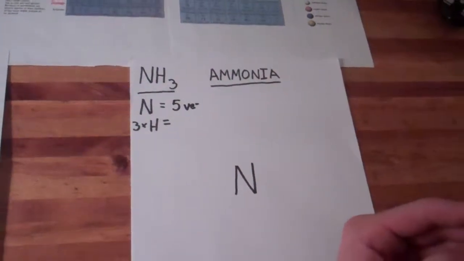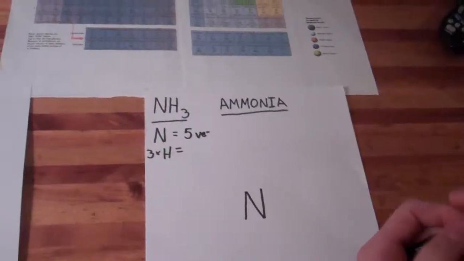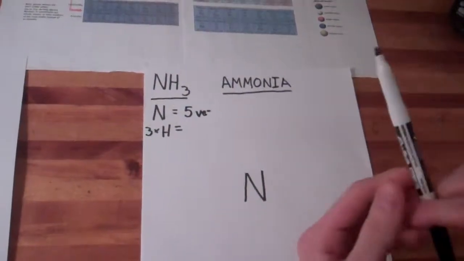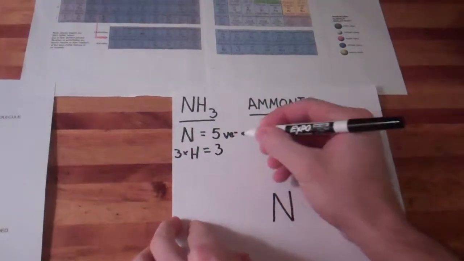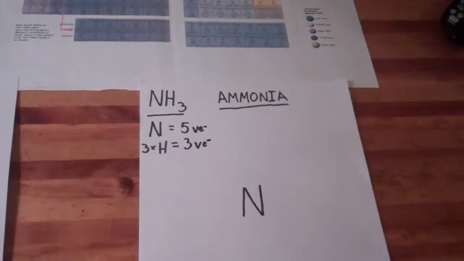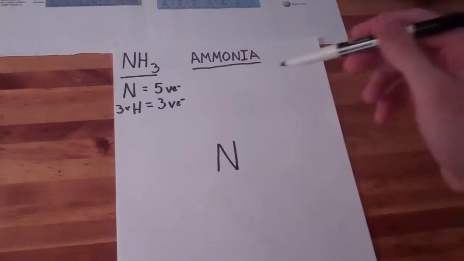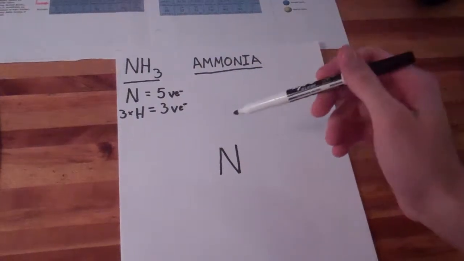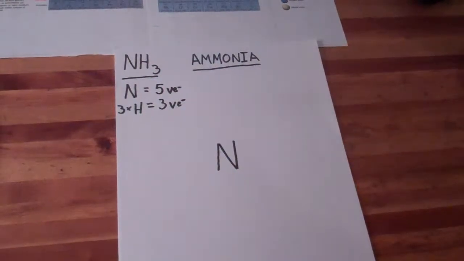And now for the hydrogen atom, we all know that it only has 1 valence electron, but since there are 3 that are going to be bonding to the nitrogen atom, you have to multiply the number of valence electrons by 3, so that will give us 3 valence electrons. Alright, so now we know that there are 5 valence electrons around nitrogen, and there are a total of 3 valence electrons that we need to bond to the nitrogen.